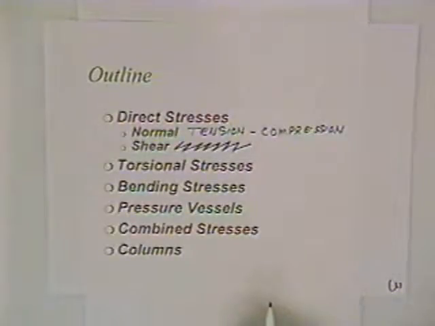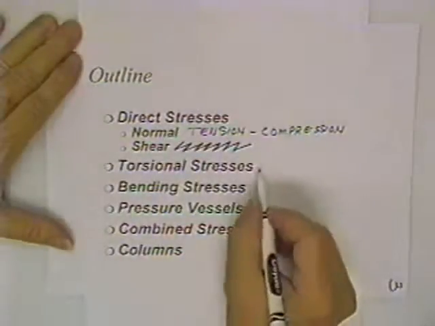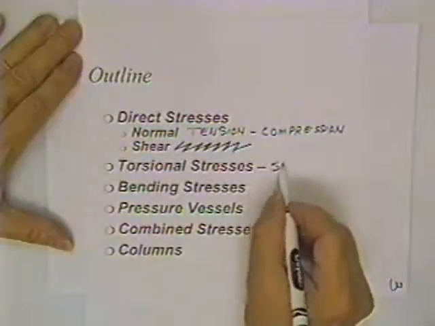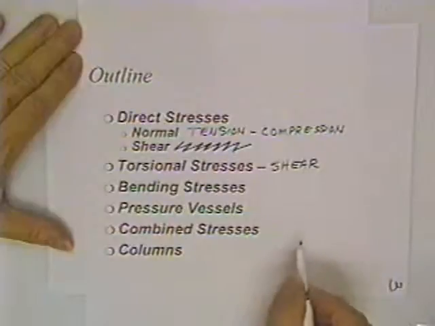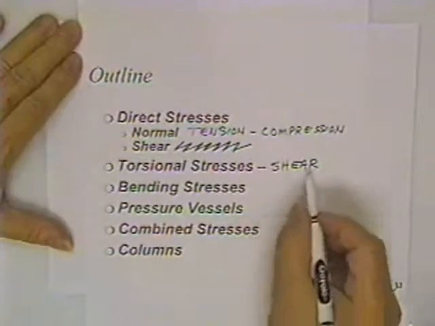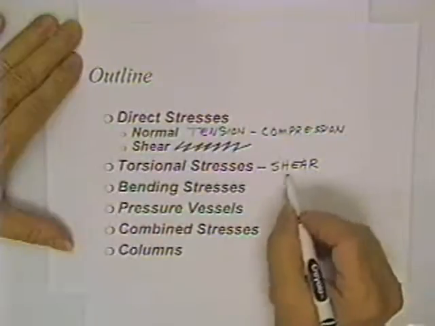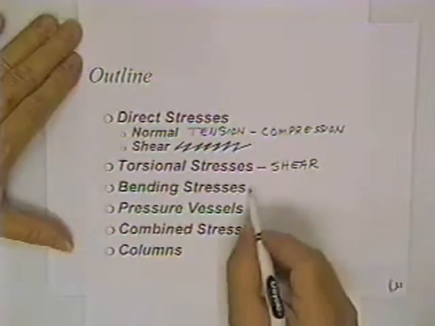Now those stresses can arise because you do different things to a structure. You can pull on it, you can push on it, you can twist it. If you twist it, the basic stress you cause will be shear stresses. And we'll cover each of these in detail. There are compressive and tensile stresses associated with this stress, but the basic stress is a shear stress in that rod.